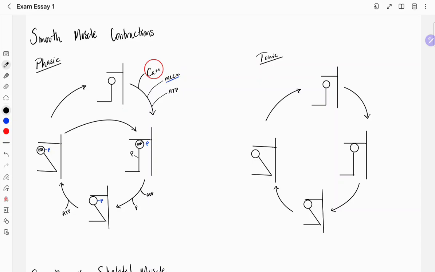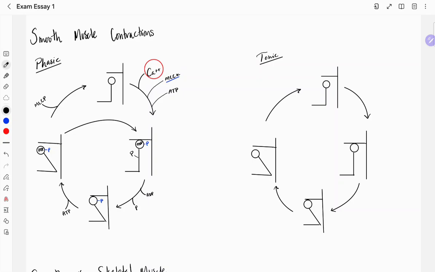Either it can continue on where we have MLCP, so this is a myosin light chain phosphatase, and that enzyme has the job of removing the phosphate. And that enzyme is influenced by Rho kinase.